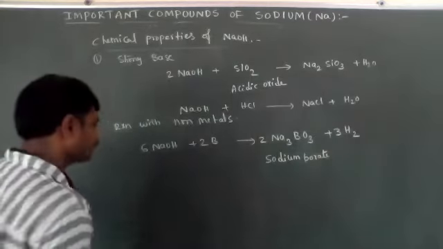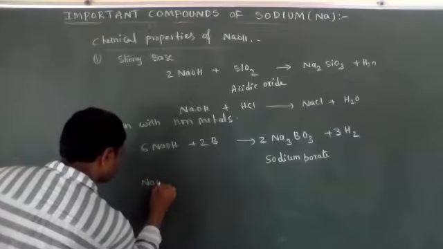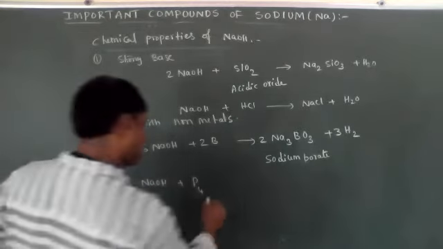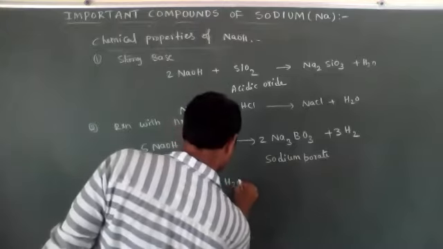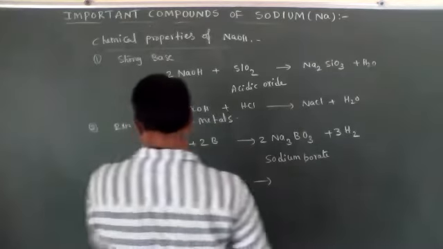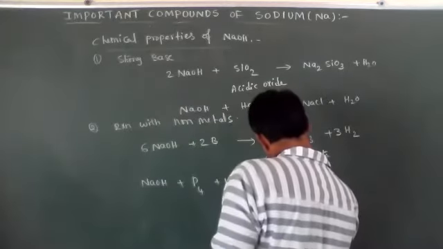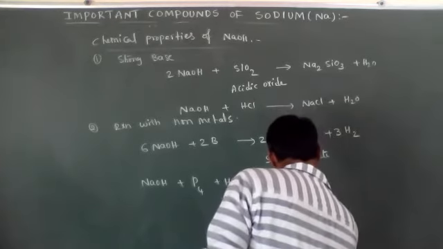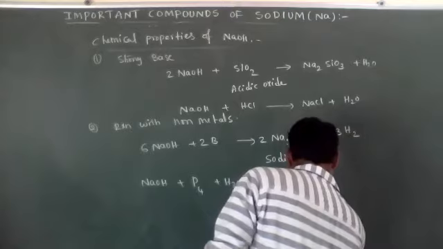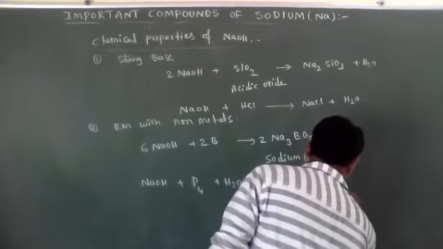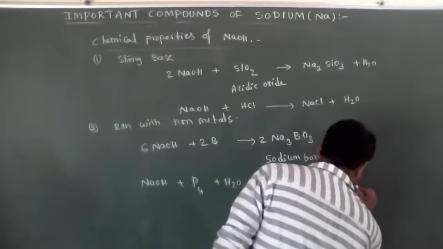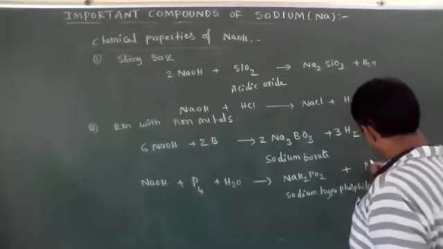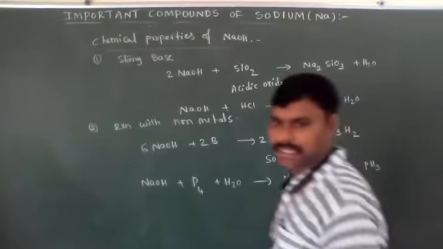Similarly, sodium hydroxide reacts with non-metals like phosphorus P4 in aqueous medium and forms NaH2PO2, sodium hypophosphite, and along with it releases phosphine gas, PH3.